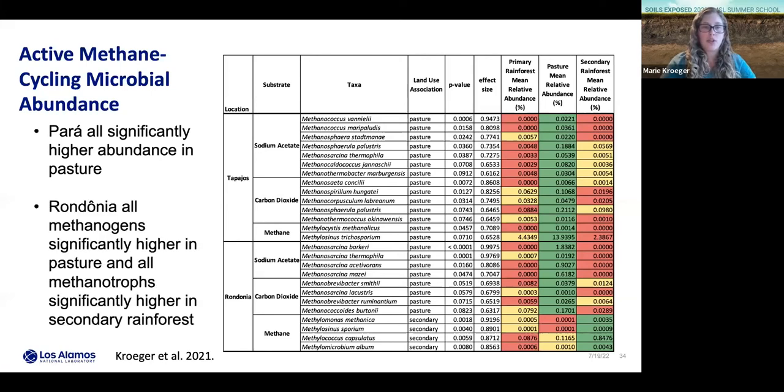And in Rondônia, all the methanogens were significantly higher in the pasture, and the methanotrophs were in highest abundance in our secondary rainforest. This is interesting because, based on the previous metagenome results, we expected to see our methanotrophs in highest abundance in either a primary or secondary rainforest. So it was surprising to see, at least in Pará, that all of them were in highest abundance in the pasture.